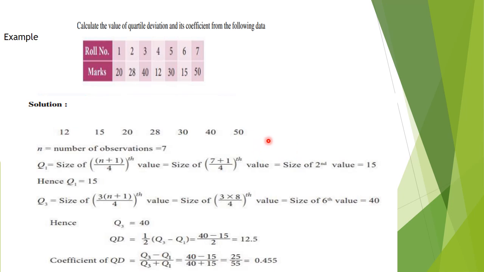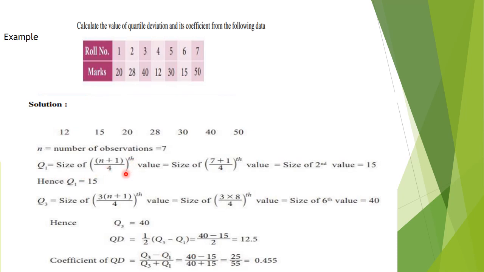In a similar way, we will find the upper quartile, that is Q3 is equal to size of 3 into (n plus 1) by 4th value, equal to size of 3 into 8 by 4th value, equal to size of 6th value. Looking at the observations, on 6th position it is 40. Now upper quartile is 40.